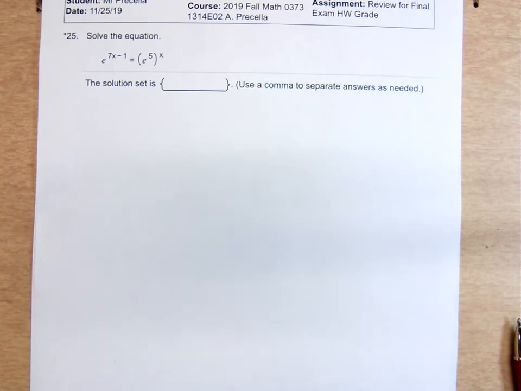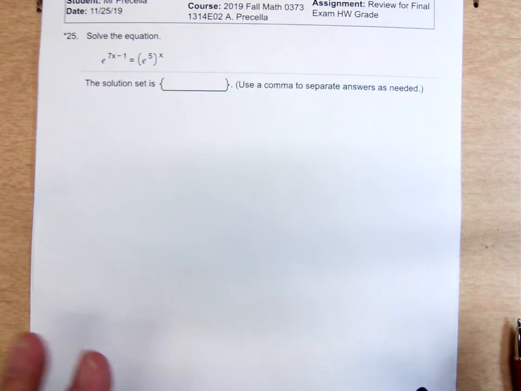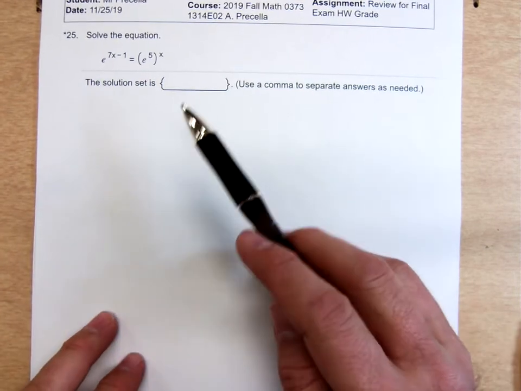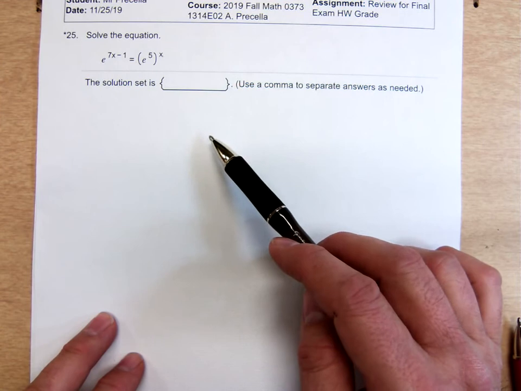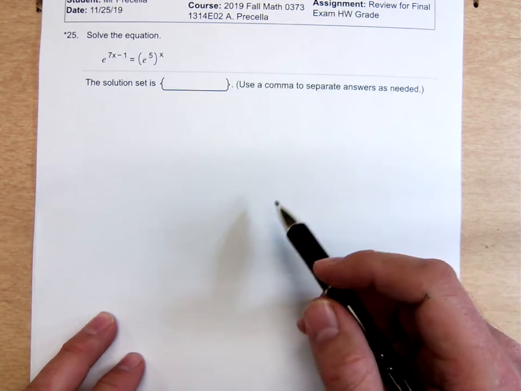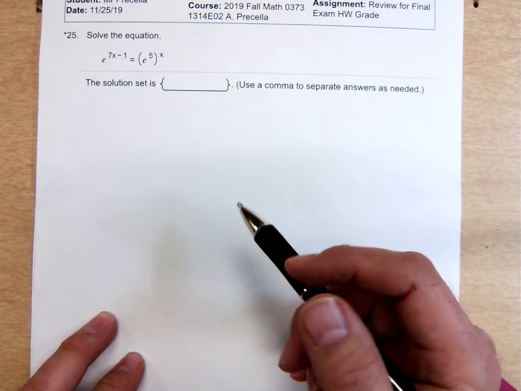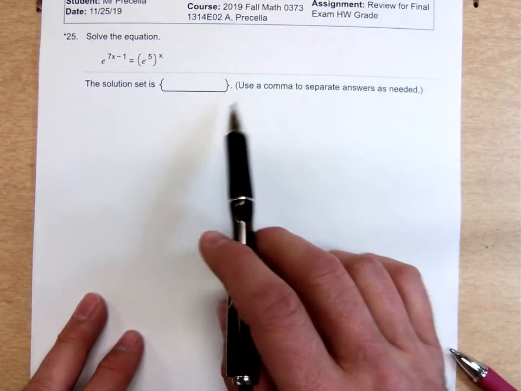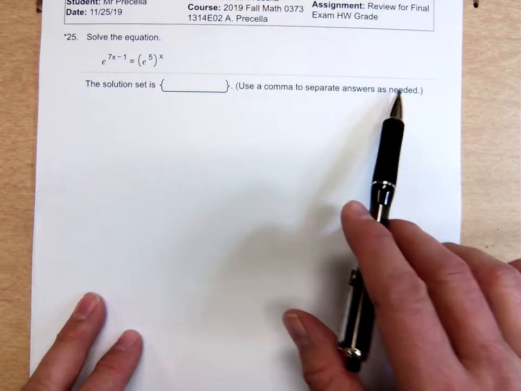Either a common base or using natural logarithms. If it's a common base, then your answers are going to be just integers and fractions. If it's one where there's not a common base, you're going to wind up with answers that are decimal numbers, and the instructions will talk about rounding and so forth.